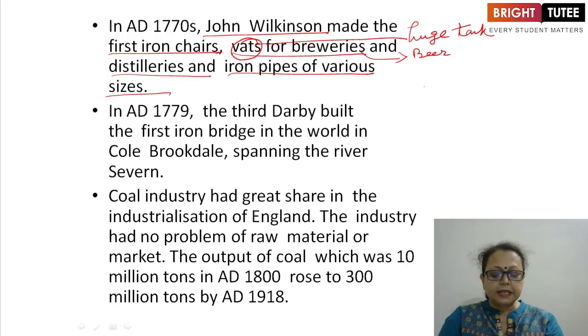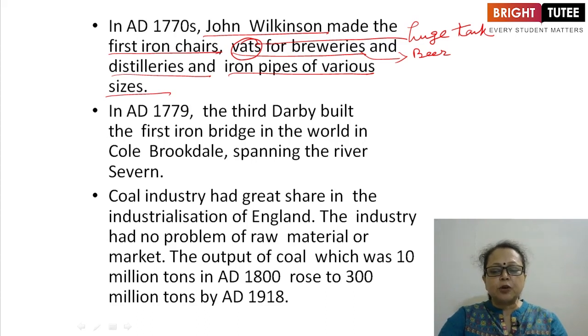And the distilleries, for alcoholic liquors, which needed to be stored in these large tanks, also developed by John Wilkinson, as well as the iron pipes of various sizes which can be used for construction work. So these are the things developed by John Wilkinson: first the iron chair, then vats for breweries and distilleries, and iron pipes of various sizes. So it can be organized in three different parts.